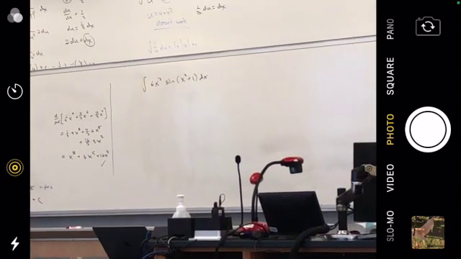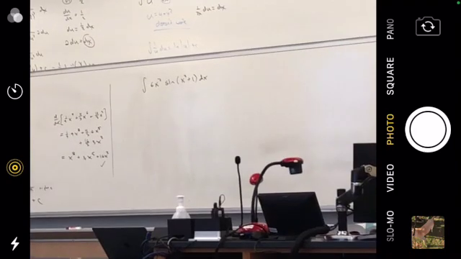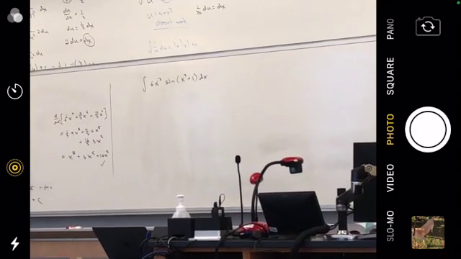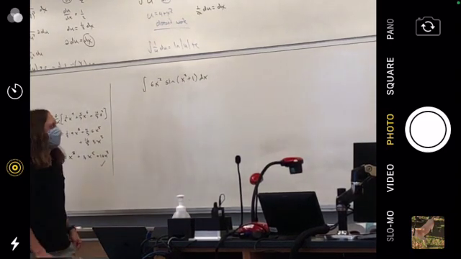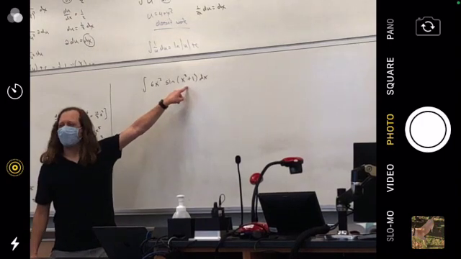Wouldn't that just be the chain rule? Because the derivative of x cubed is 3x squared. So then you just, this part's annoying looking, right?